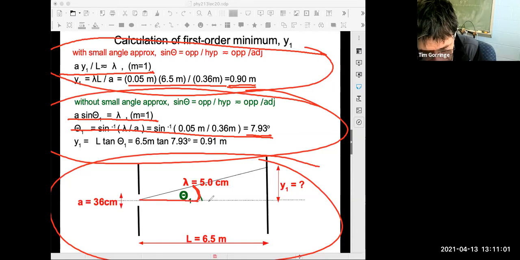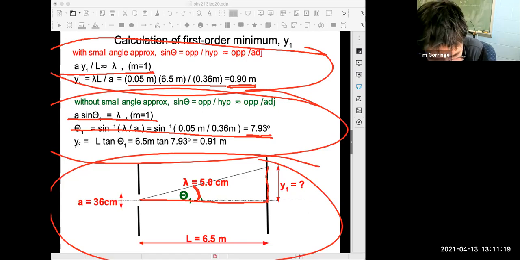I know the adjacent side of this triangle is the screen distance, so it's 6.5 meters. I want the vertical side of this triangle. It's the distance to the fringe from the center.